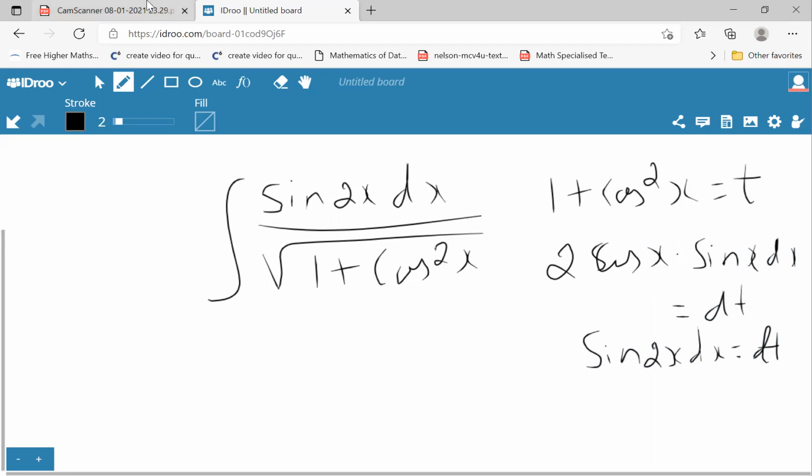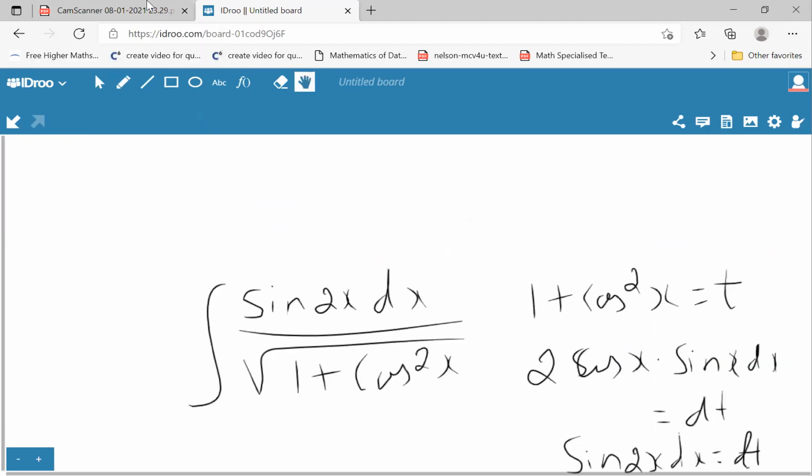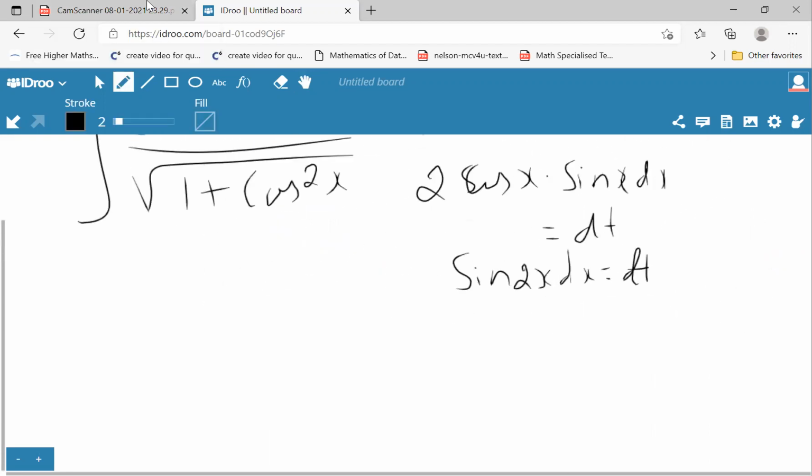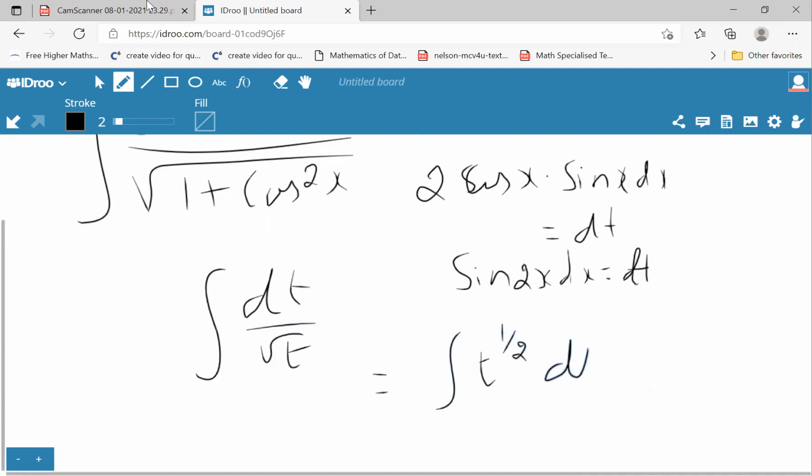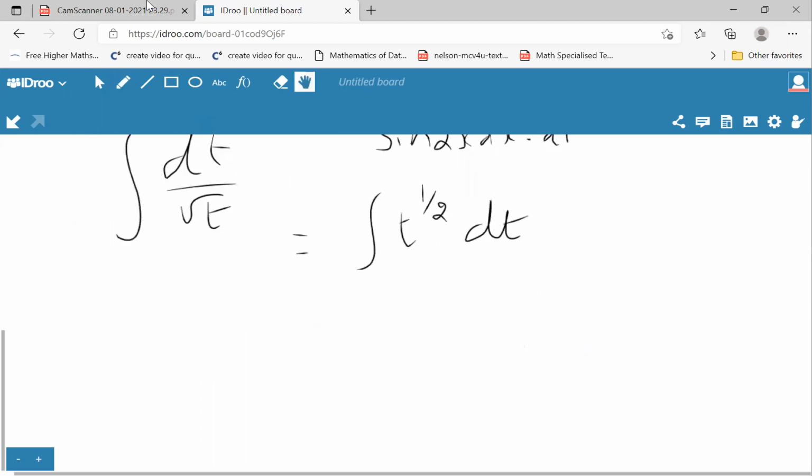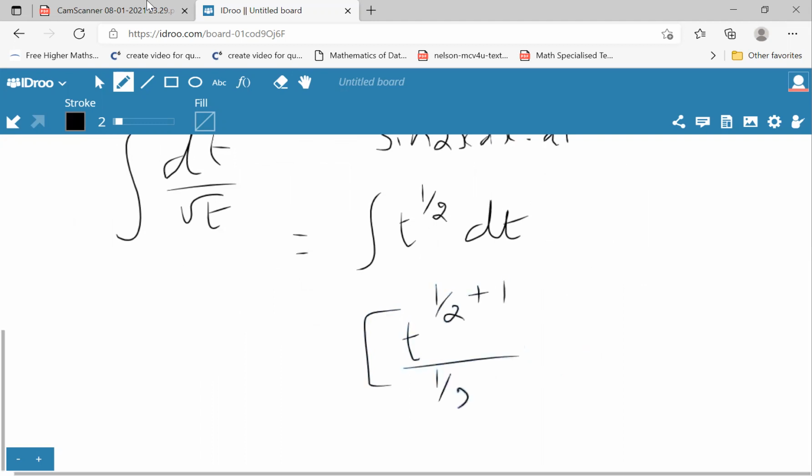So now that becomes integration of dt by root t. So as we did before, we can take this as integration of t to the power of half dt, which now becomes t to the power of half plus 1 by half plus 1 plus c.